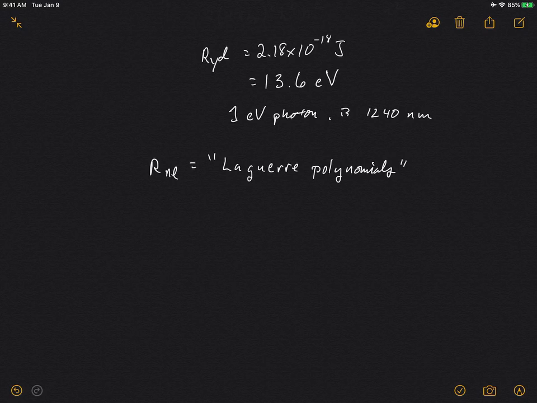So let's consider for a moment, instead of plotting the typical energy level diagram, well, we can do that.